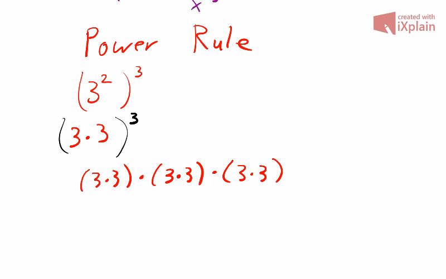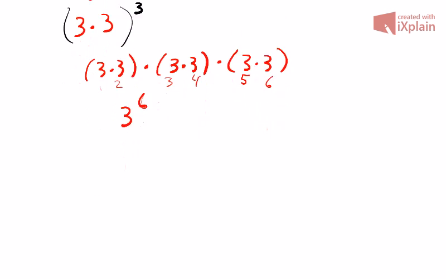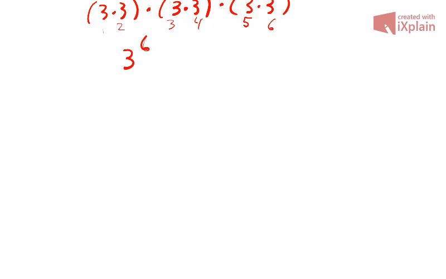And now looking at this, I have 3 groups of 2. What I'm going to end up with, if I count, I got 1, 2, 3, 4, 5, 6 threes. Same as 3 to the power of 6. That's nice.